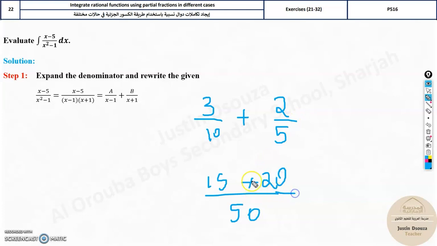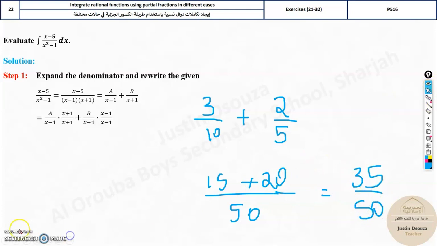So 35 divided by 50. So now you can see over here that this term can be written as the sum of these two terms. But it's very hard to split this directly, isn't it?